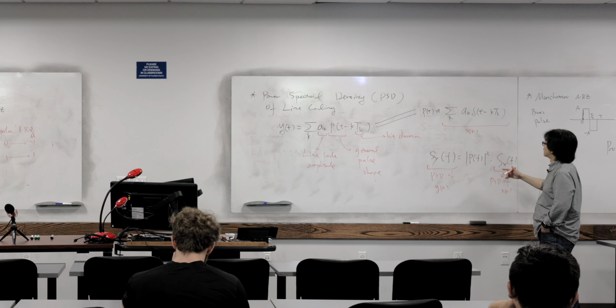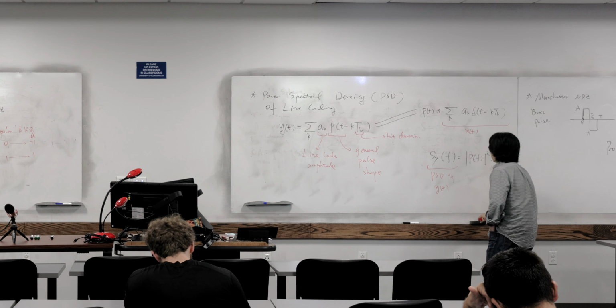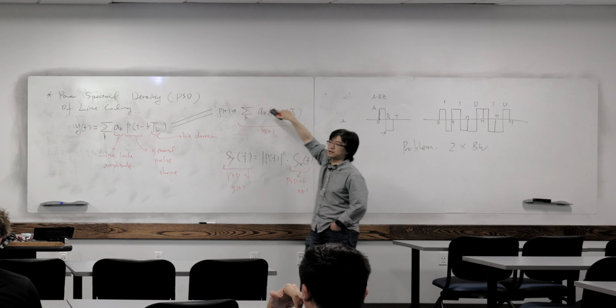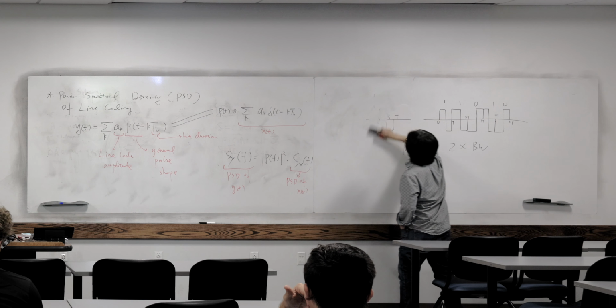So maybe let's draw the system diagram. If I represent our signal in this way, because we have a convolution here, we can understand this as a linear time invariant system.